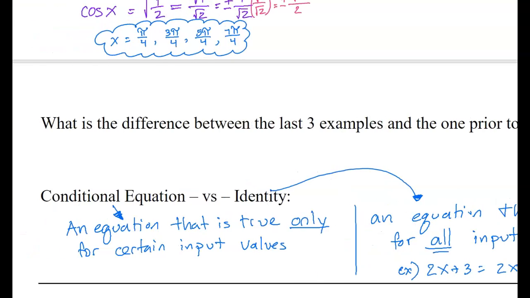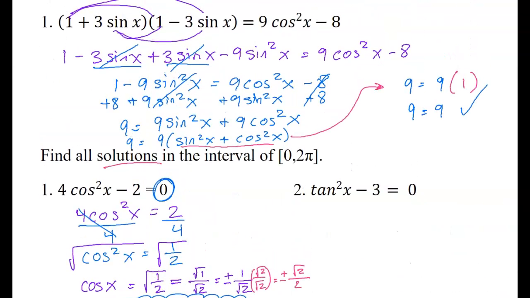Versus the solution set for this is only specific values, like the ones we went over. Versus on this one, we could input anything. I hope that clarification makes sense.